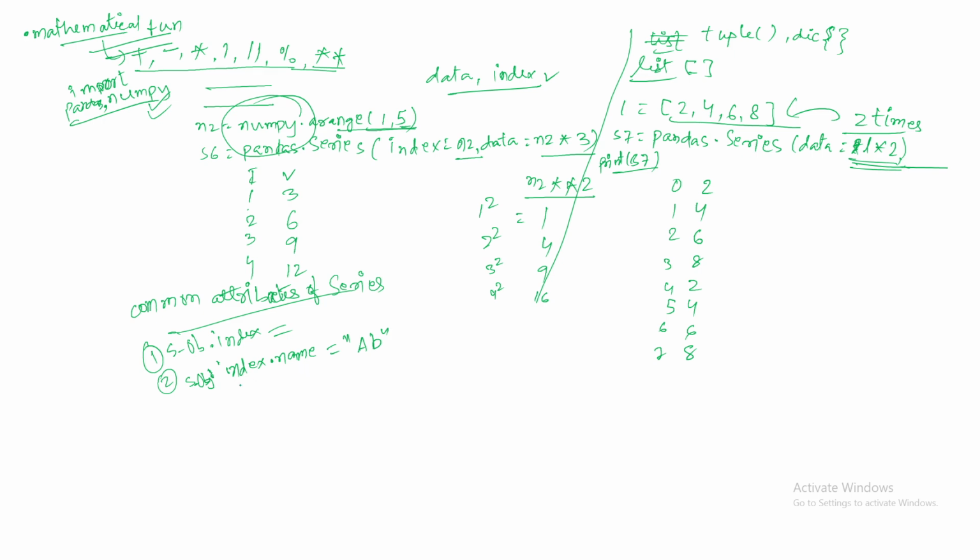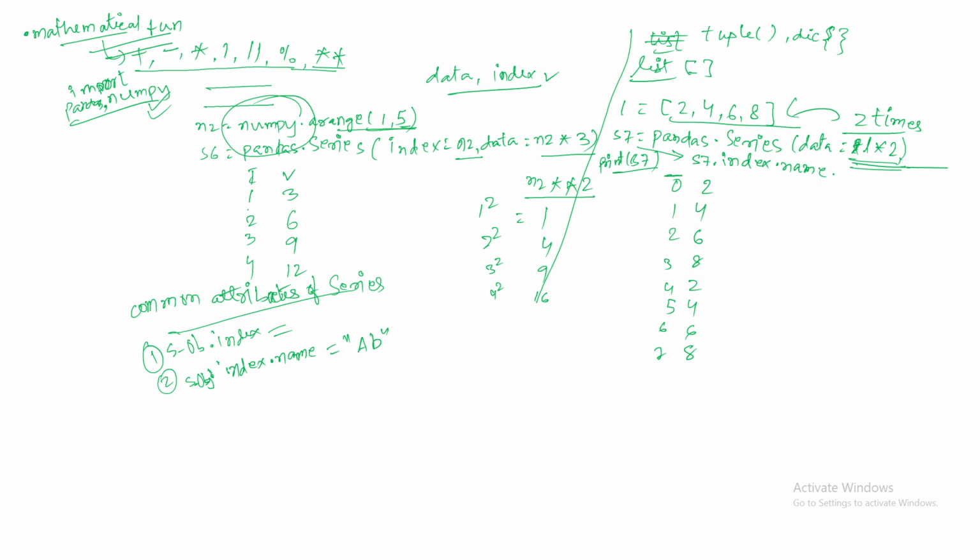Then afterwards you call this series object, and then you give the name of the index. Suppose I want to give here S7, because here only data values are given. If I want to give this index name, then here S7, afterwards I write this S7 because it is the series object. So S7 dot index dot name.